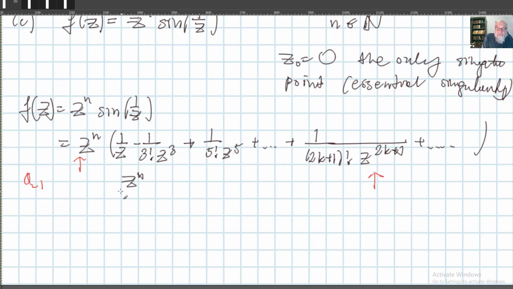What will be the power if I multiply these two terms? We get z to the power n minus 2k minus 1, and I know this must be equal to the power minus 1. So you are getting that n minus 2k minus 1 must be equal to minus 1. Sorry, this is k, let me write it down.